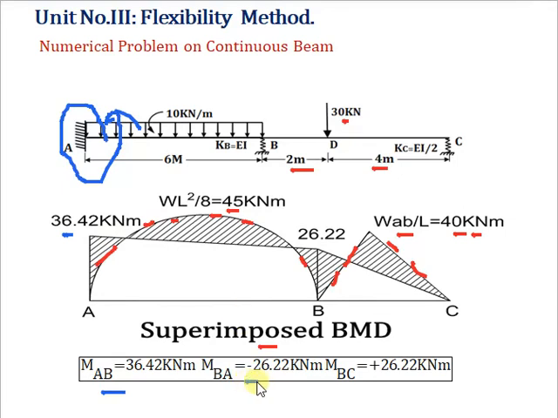Now the moment at B, MBA, is minus 26.22 kilonewton meter. So keep the pen close to B and, as there is a minus sign, rotate in the clockwise direction about B. After one rotation, the arrow is coming up, so you have to show the value of 26.22. And at C there is 0 moment, because that is a simply supported end.